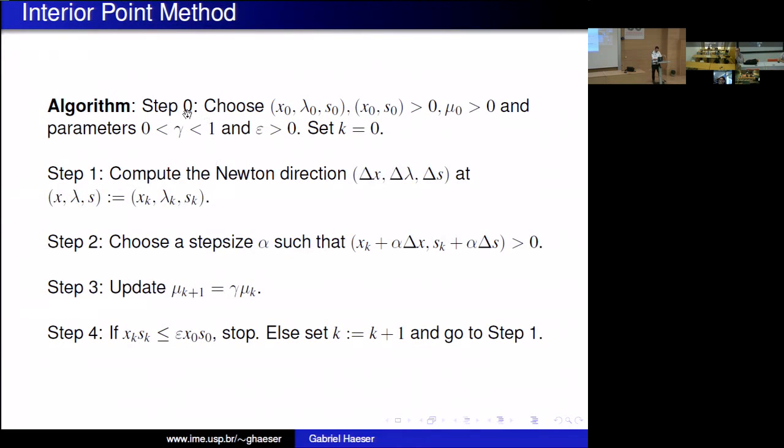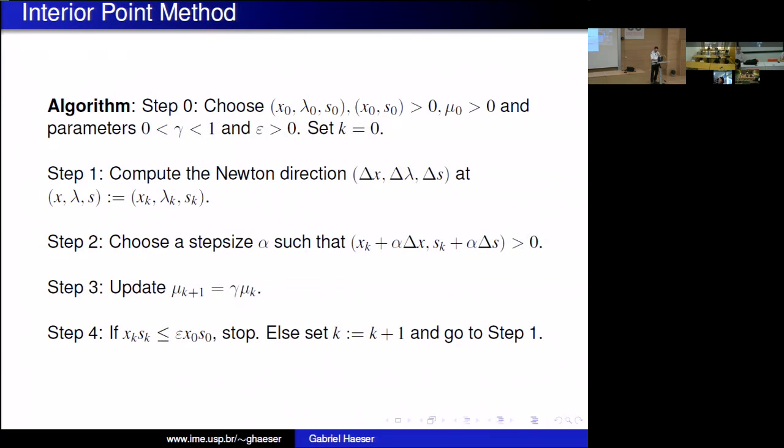And you must have a parameter saying how you should reduce mu, so mu k plus 1 is simply gamma times mu k. And you should have a parameter epsilon that tells you when to stop. So in one iteration you compute the Newton direction using that linear system at the current iterate.